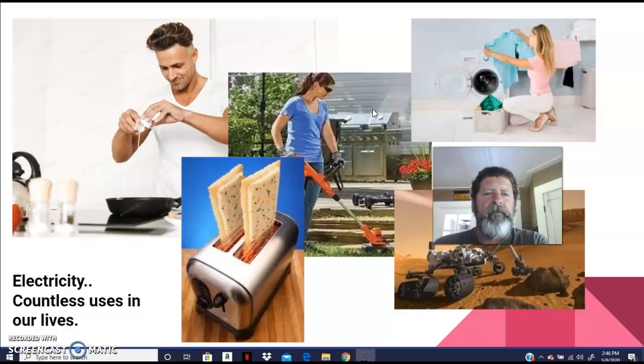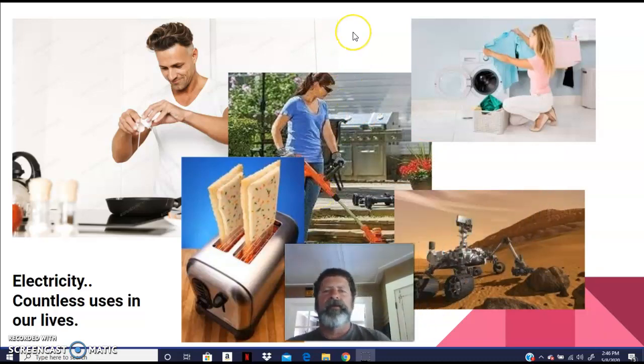So here we go. First thing, just for starters, I'm not telling you something you don't already know if you're 14, 15 or 16 years old. We use a lot of electricity for different things. Everywhere here on the planet and even on other planets, we use a lot of electricity. We're using it all the time.